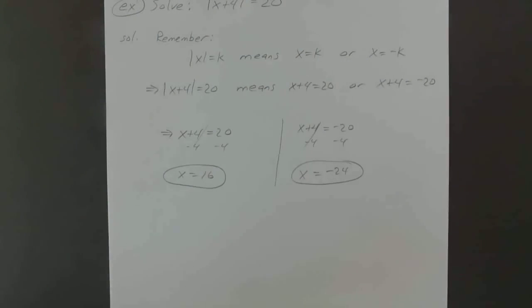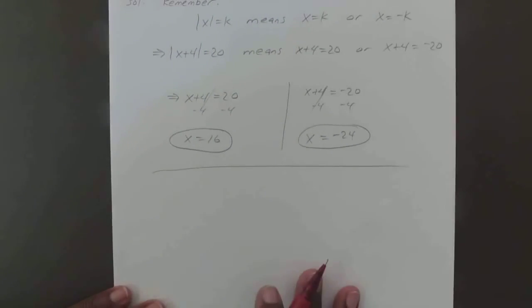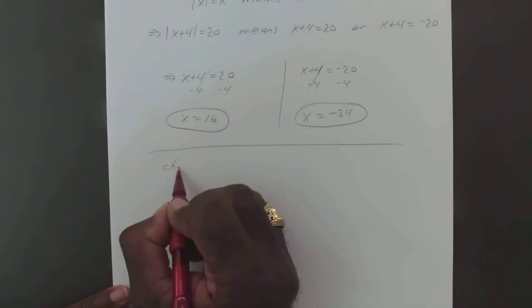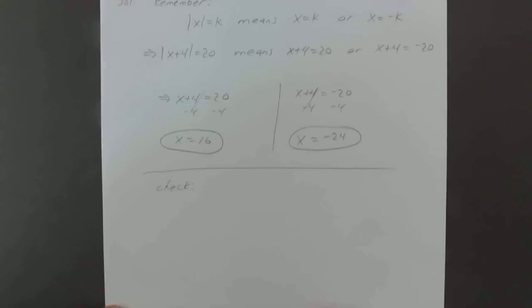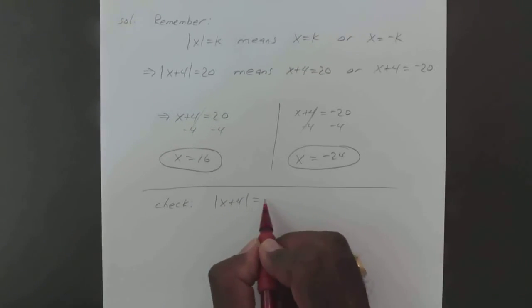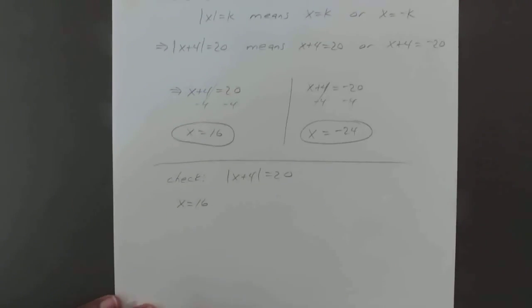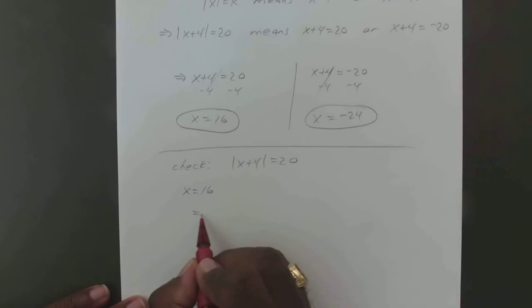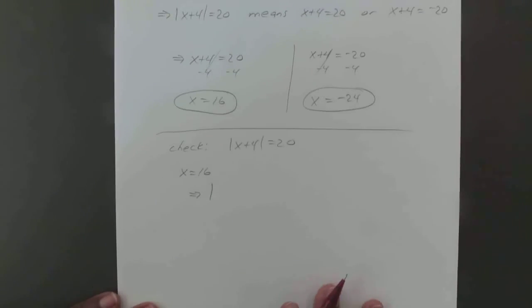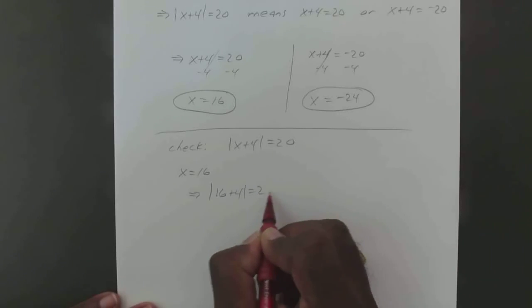So if we go ahead and plug them in to check, absolute value of x plus 4 equals 20. When x equals 16, that's just the absolute value of 16 plus 4 equals 20.